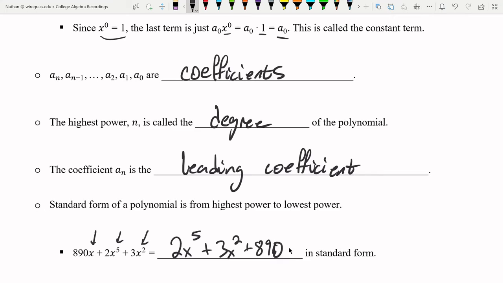Even though 890 is the highest coefficient, the coefficient is not what we base the polynomial on. We base it on the highest power. There's a lot of reasons for this. The highest power actually really dictates a lot of the behavior of the polynomial, not the highest coefficient. So that's why we always write the highest power first.